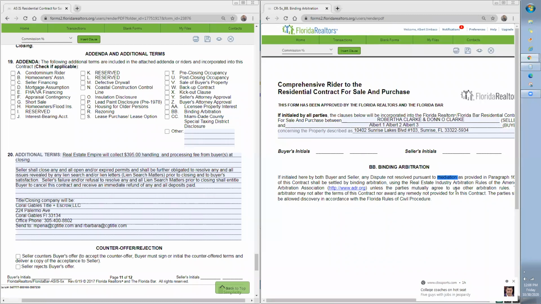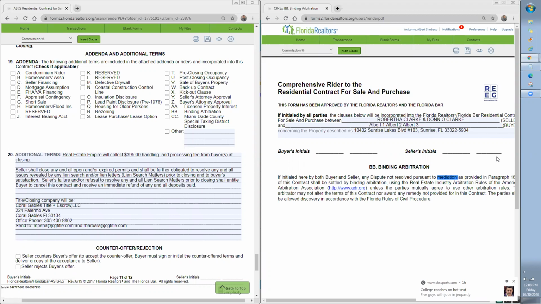Mediation is between both parties and a mediator. They discuss their issues, their differences, what they agree, what they don't agree, and then the mediator decides who should receive that money. If they do not agree with the mediator, then they have to go into arbitration.